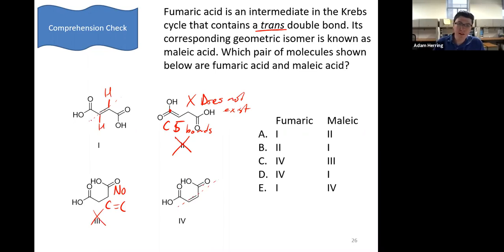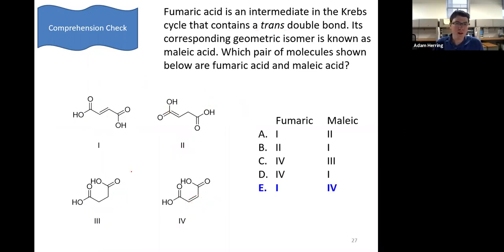We see that in this molecule, the hydrogens are on opposite sides of the double bond. We'd have to draw a line across the double bond to get to them. They are trans to each other. However, in this case, they're on the same side of the double bond, and therefore they are cis to each other. That means this is fumaric acid and this is maleic acid.